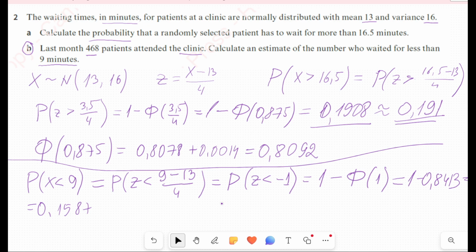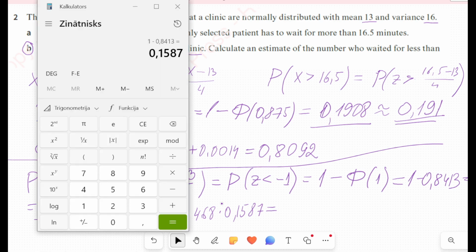So we have the probability, and now in order to estimate the number of people who waited less than 9 minutes, we take 468 and multiply by 0.1587. What do we obtain?